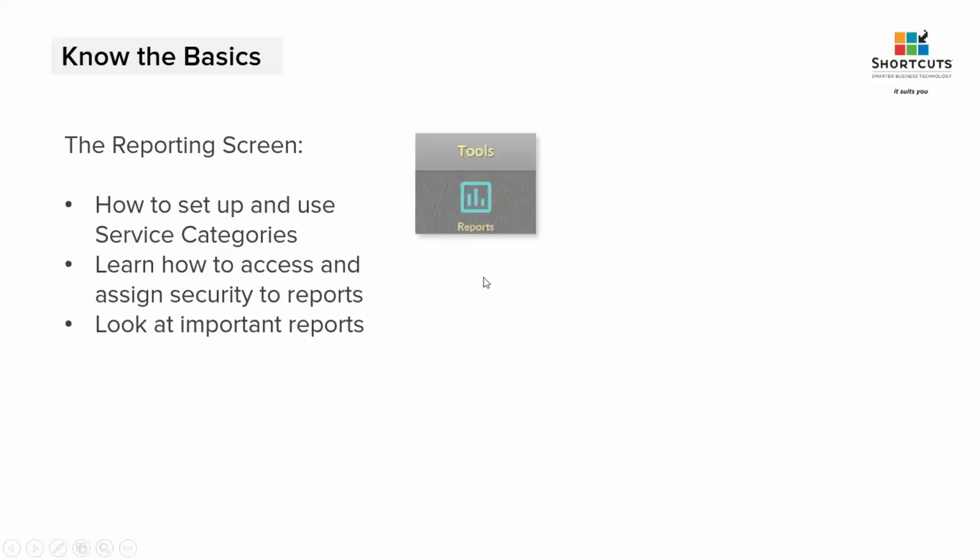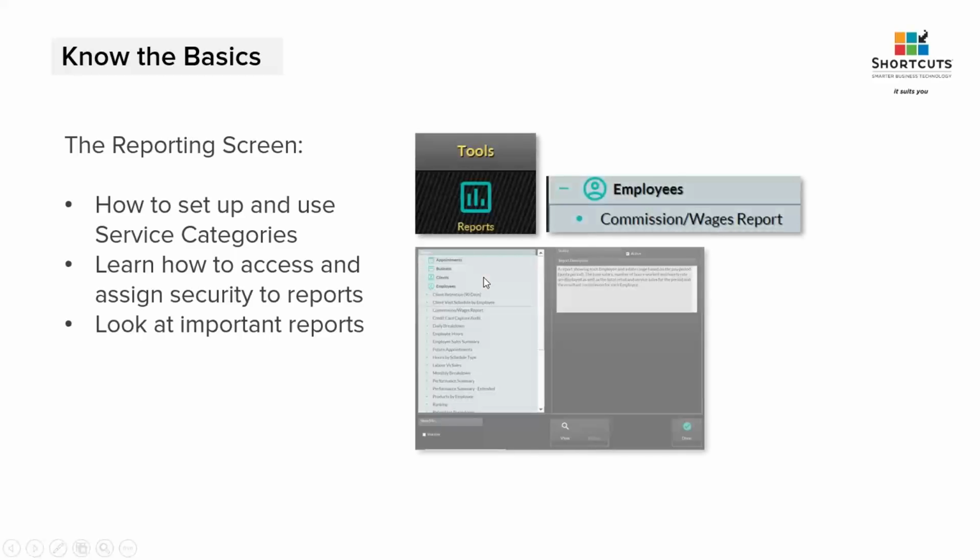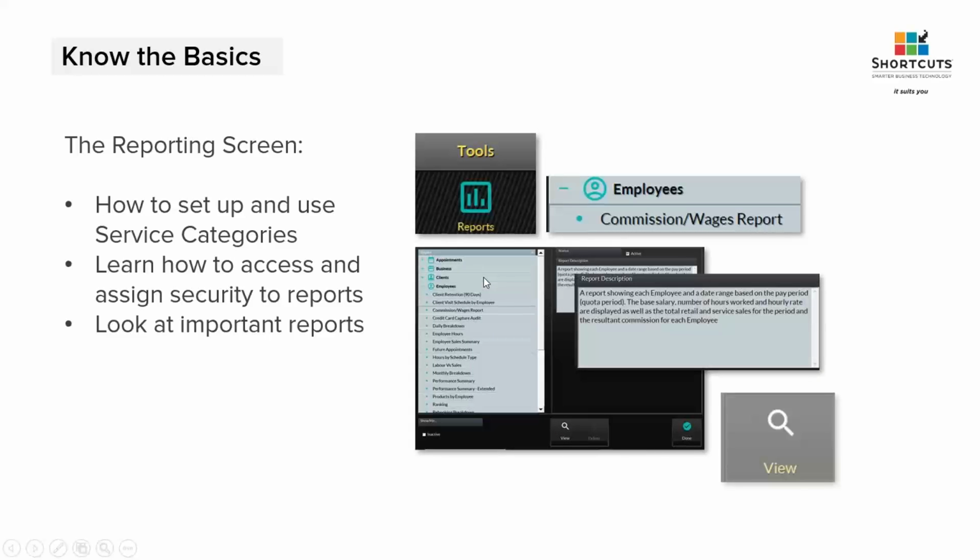Let's jump in. So the reporting screen. If you have permission to access this window, it's going to be under Tools and Reports. Now, some of you, if you go to the Tools button and you're missing some icons such as Reports, that may be a permissions issue.